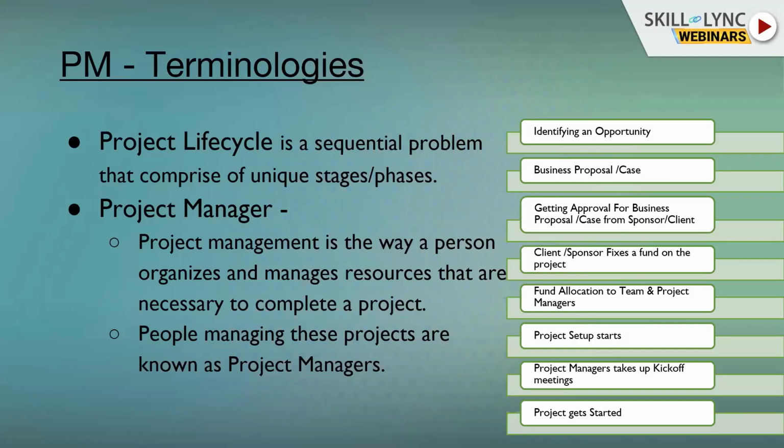Now, let's understand with an example how the project lifecycle works. Firstly, for a project to be identified, we need to understand what an opportunity is. Opportunity means that wherever there is a need, there is an opportunity. By that, I mean we need to identify where the loopholes are in a certain process.